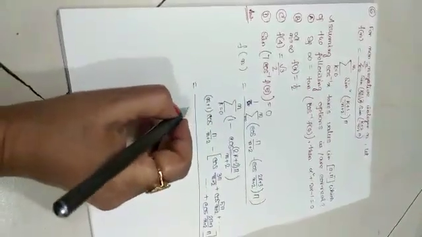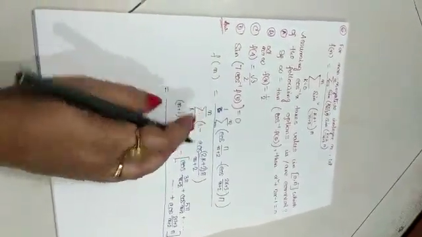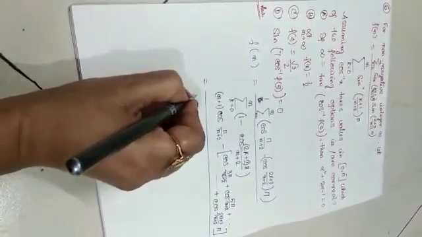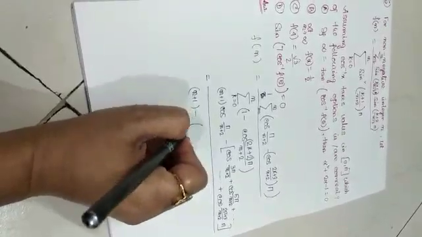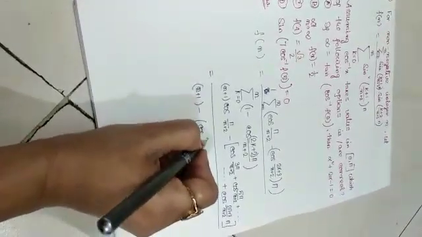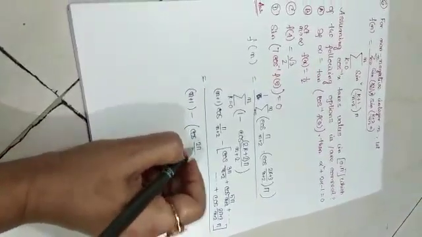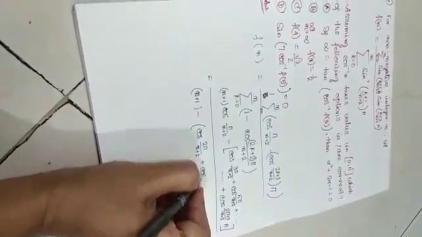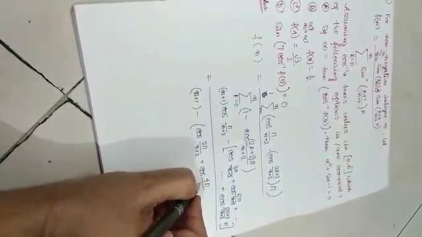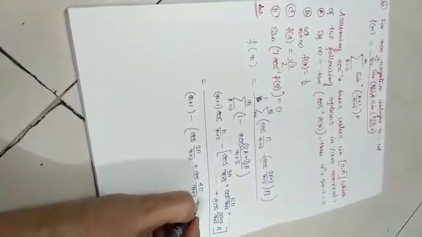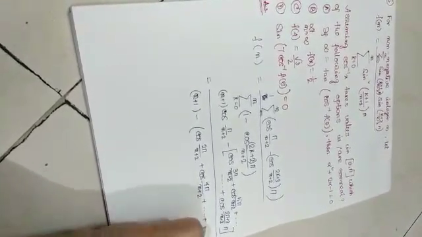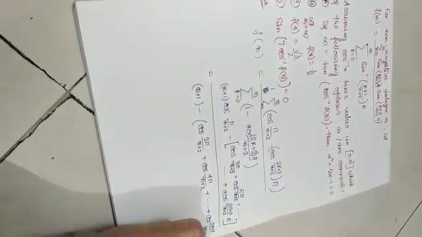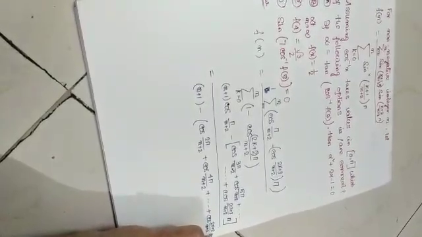After putting k equals 0 to n, the denominator becomes n plus 1 minus cos of 2 pi by n plus 2, plus cos of 4 pi by n plus 2, plus, up to cos of (2n+2)/(n+2) pi.